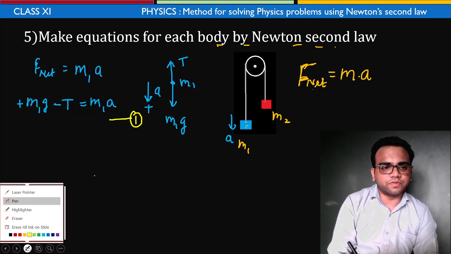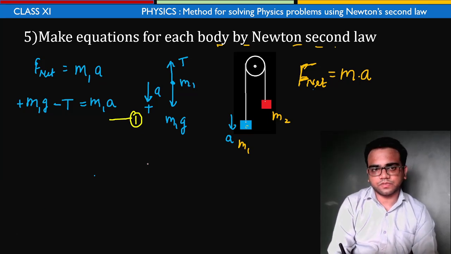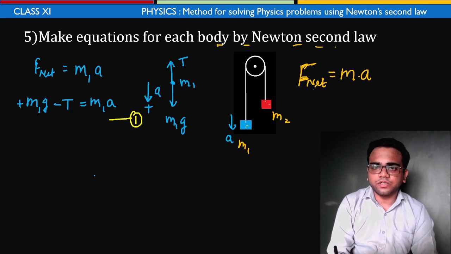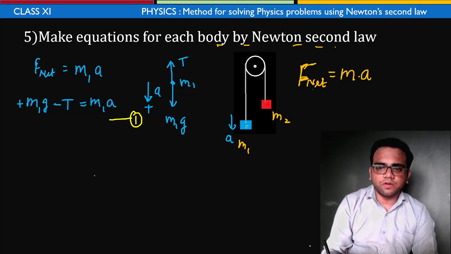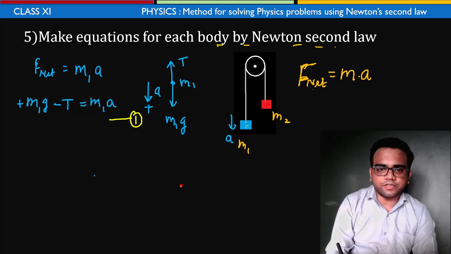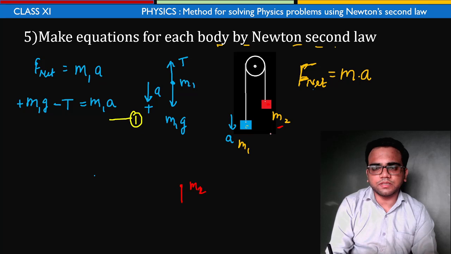Let's work on the second equation. For the second equation we have to again draw the free body diagram of this. We already drew this. It will take a few seconds. This is our M2 mass.